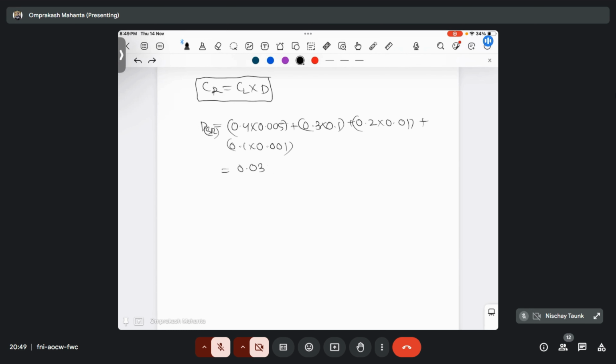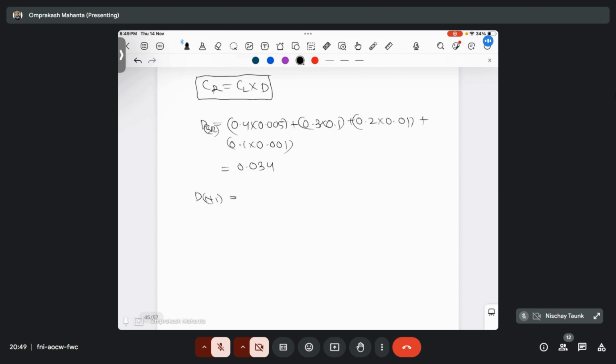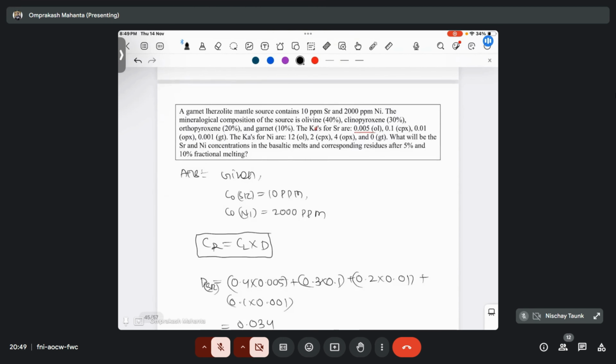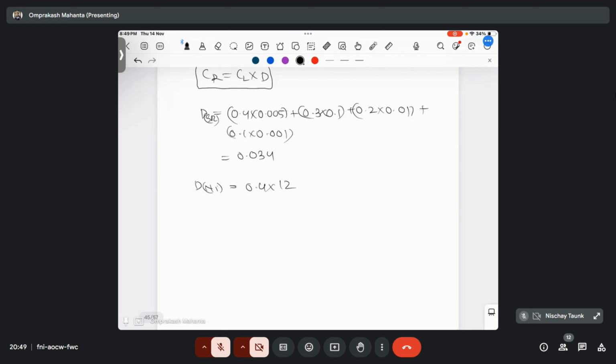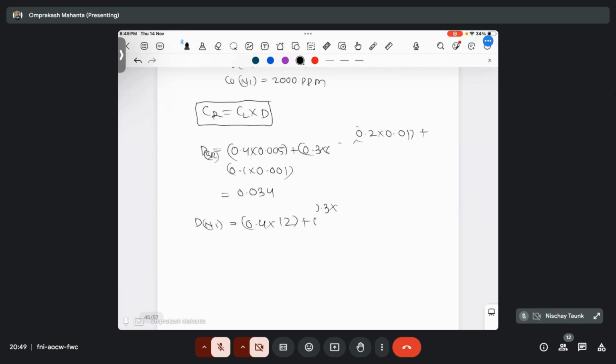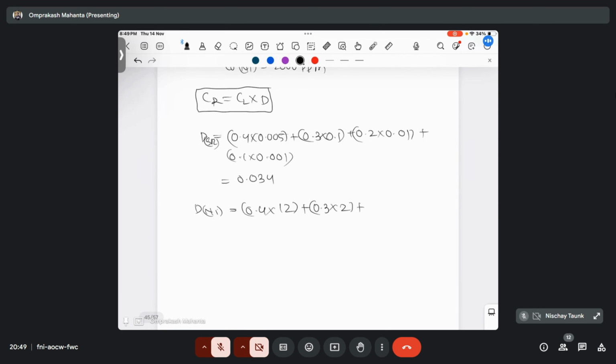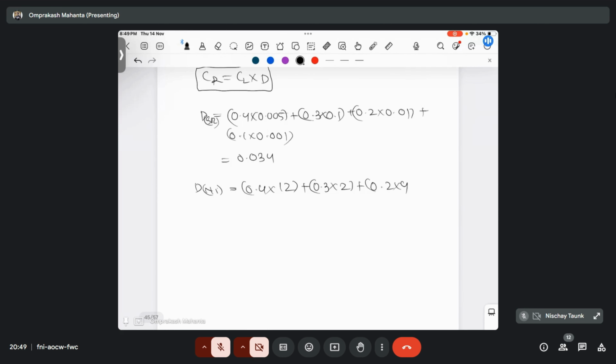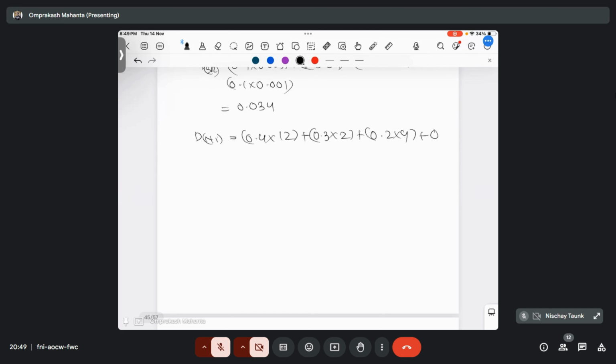Let's calculate similarly for Ni. So what is the DNi? 0.4 into the KD values for Ni, which are 12, plus 0.3 into 2, plus 0.2 into 4. The next one is 0, right? So it comes around 6.2.